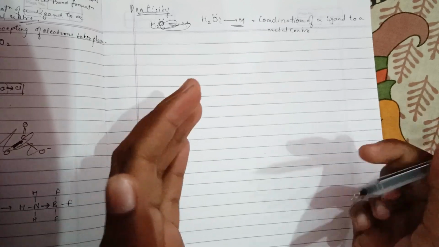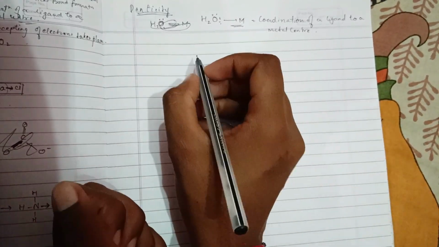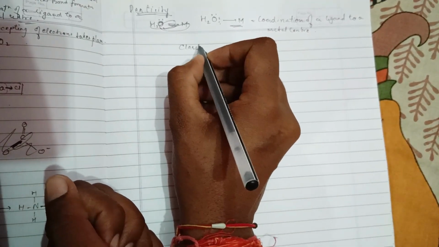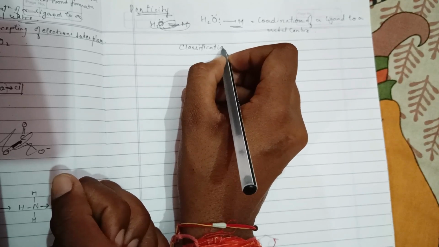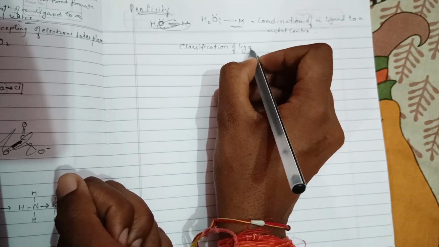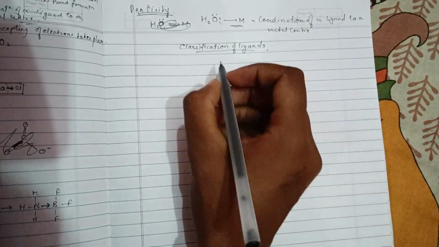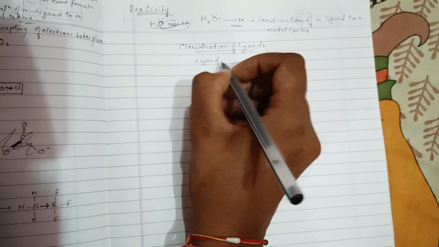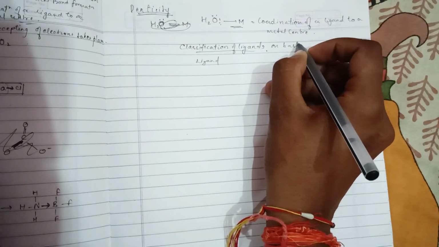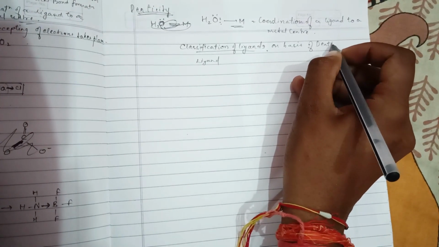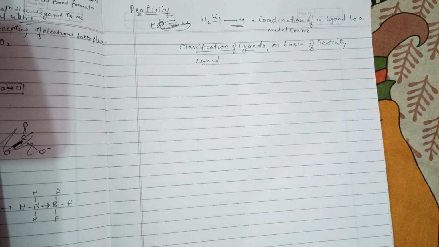Ligands can be classified on the basis of denticity, meaning how many donor atoms are present in the ligand.